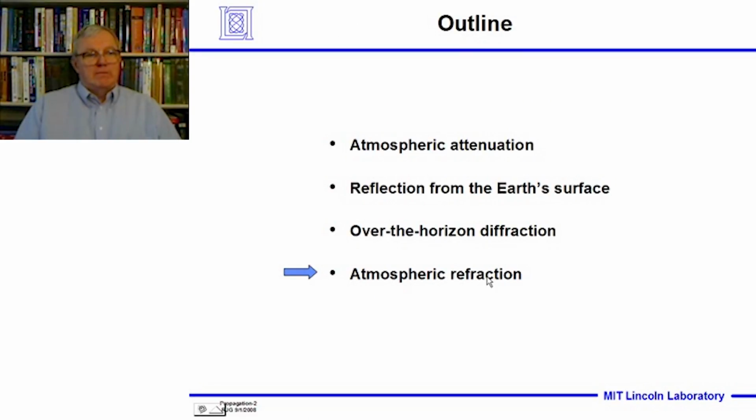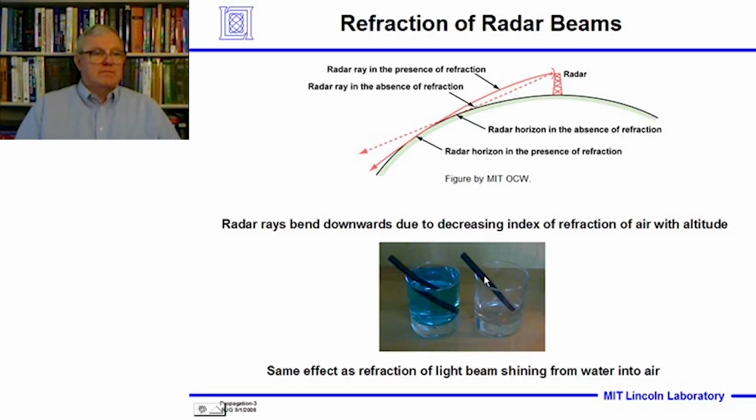Now on to atmospheric refraction effects. Refraction is the physical principle where, when there's a change in the index of refraction of the medium, an electromagnetic wave, and in our case microwave radiation, which is electromagnetic radiation, will bend.